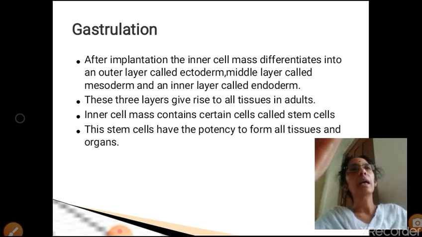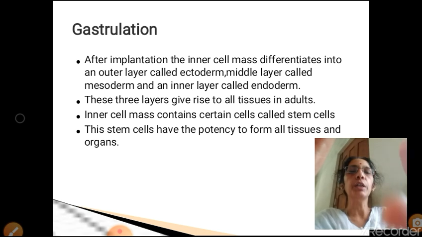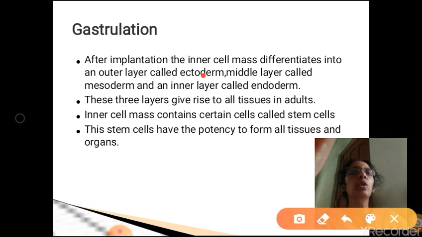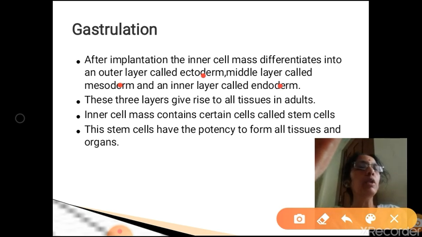So here after implantation, the cells of the inner cell mass differentiate into outer ectoderm, middle mesoderm and inner endoderm layer. So we human beings are triploblastic organisms.